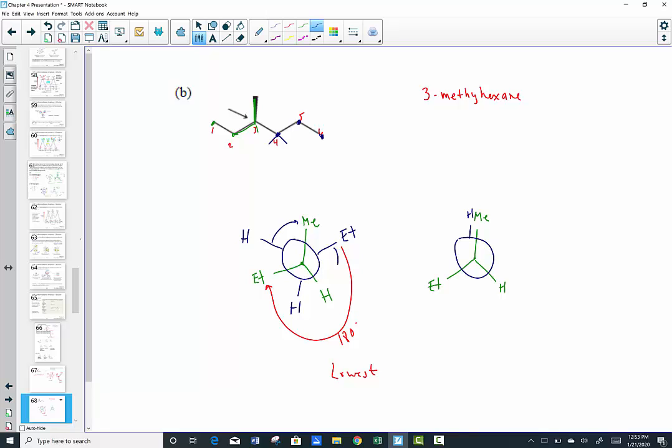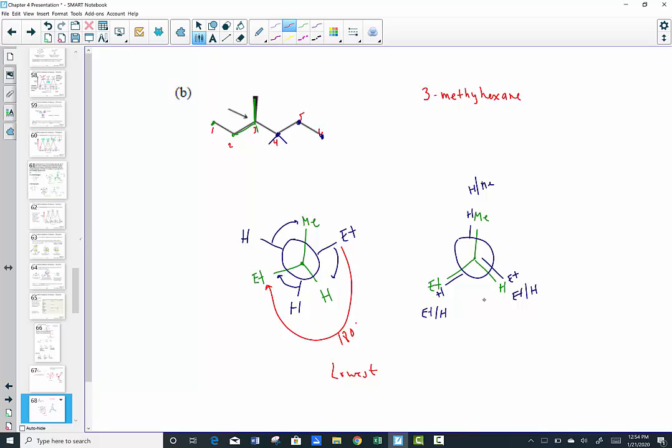This ethyl goes behind this hydrogen, and this hydrogen goes behind this ethyl. What do we have there? Well, we have ethyl to hydrogen interactions, 2 of them. And a hydrogen to methyl interaction.